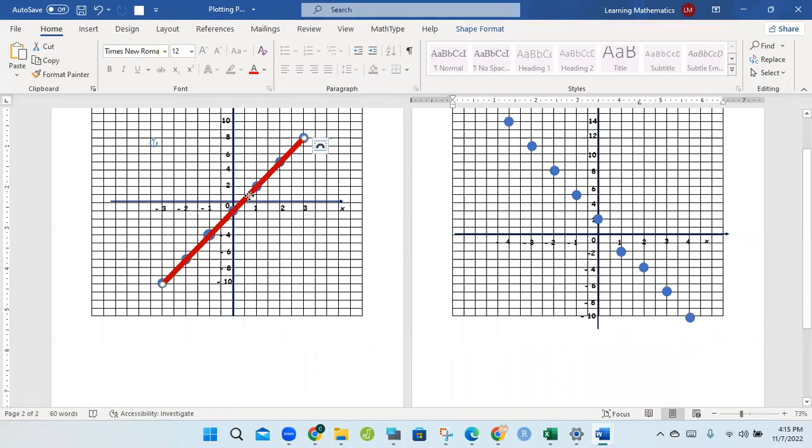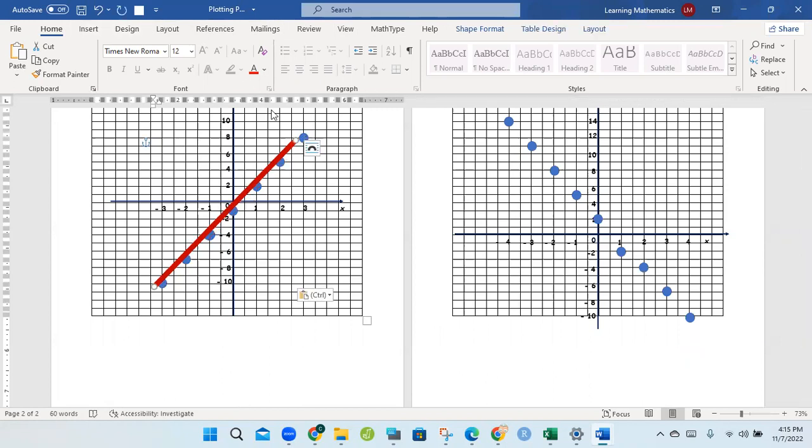Here we have a line already, so we can just copy and paste. Okay, it does not allow us to.